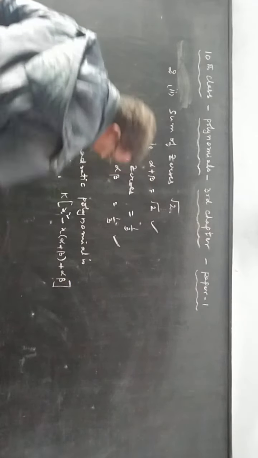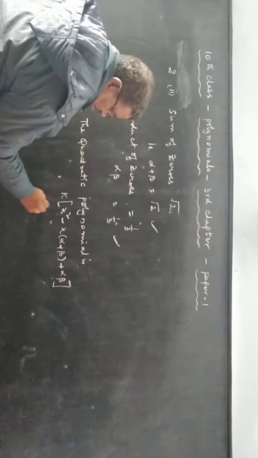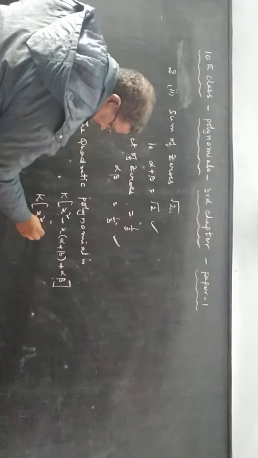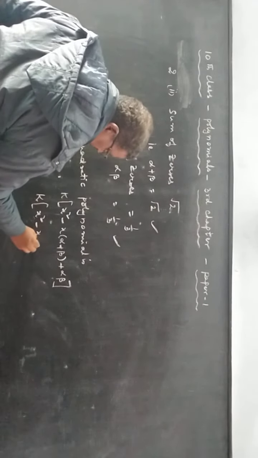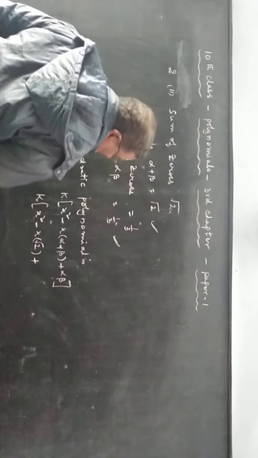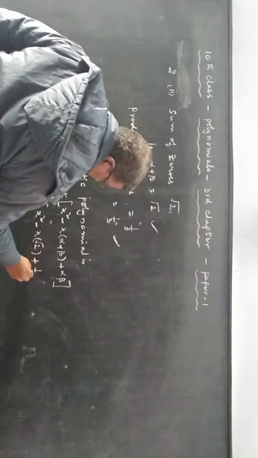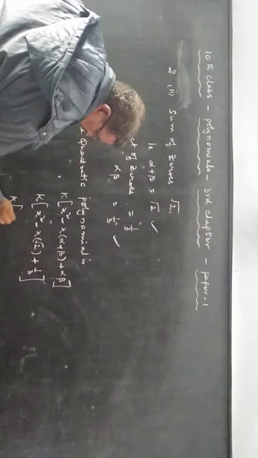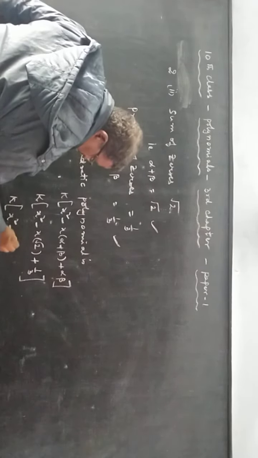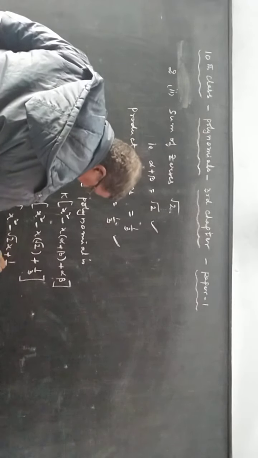This is the quadratic polynomial. K into x square minus x into alpha plus beta, already given for us, root 2, plus alpha beta is 1 by 3. So k into x square minus root 2x plus 1 by 3.